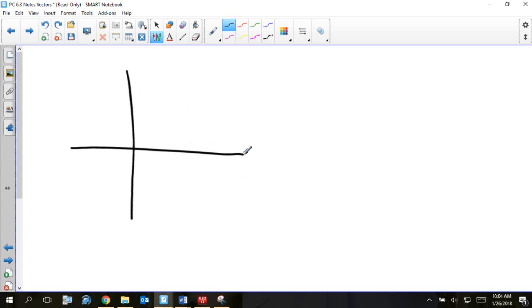Okay, so in the book, they did something like vector U plus vector V. And then you had to graph it, so maybe here's vector U, and then they had some dots.